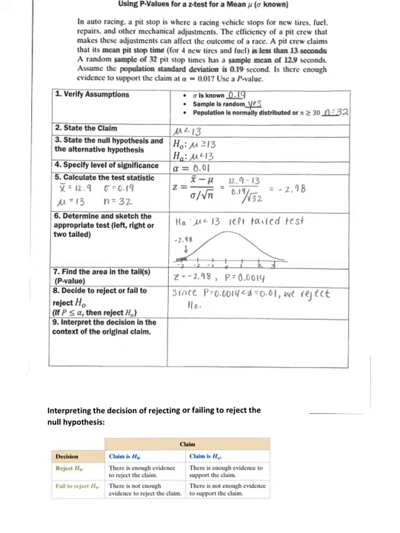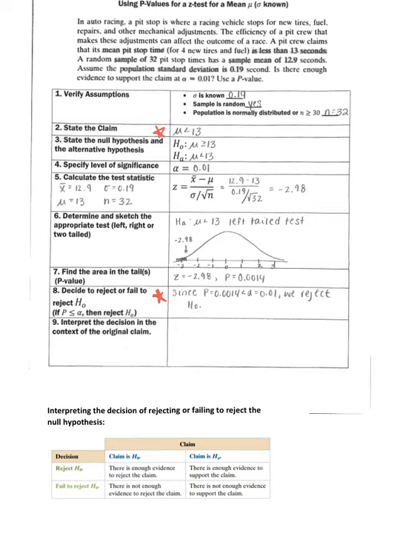Okay. So in this first problem, it was about the mean pit stop time, and the claim was that the mean time at a pit stop is less than 13 seconds. So we had our claim up here. We ended up rejecting the null hypothesis after we finished our process of going through the hypothesis testing.